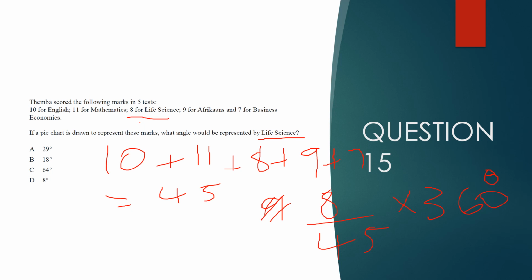When we are taking it into angles, we multiply by 360 because the sum of all the angles in a circle is equal to 360. All right, so the answer here is going to be 64 degrees.